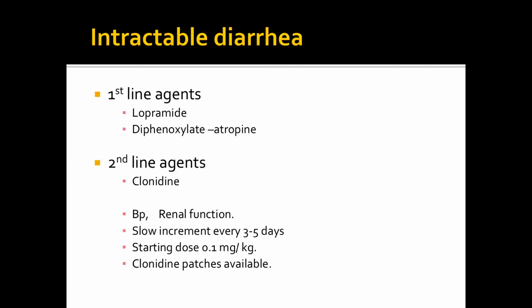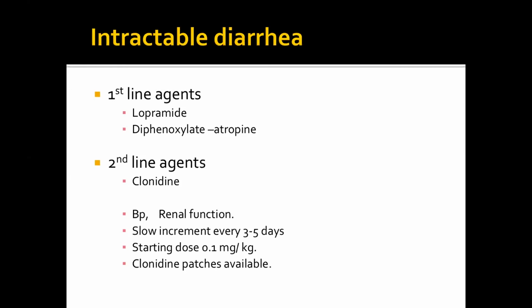If the diarrhea is persistent, consider using clonidine. Clonidine is an alpha-2 agonist, which is used as an antihypertensive medication. One of its side effects is actually slowing the intestinal mucosal secretion, so it can be used at low doses. The starting dose typically is 0.1 milligram per kg per day and can be increased slowly every 3 to 5 days to reach a dose of 0.5 milligram per kg per day.